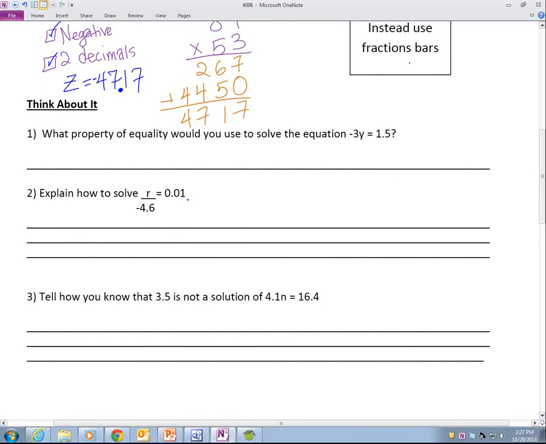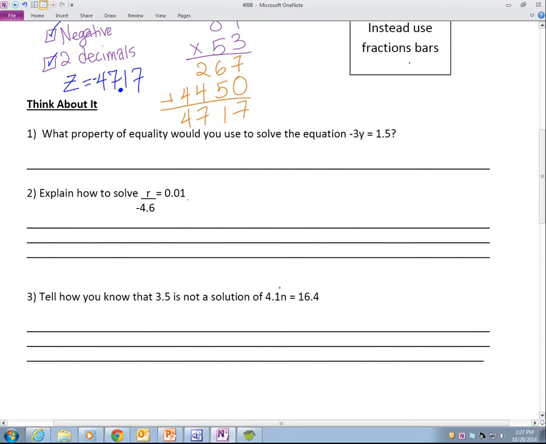Oh, I see what you did. You forgot to divide 4.1 by both sides. Keep in mind that this part right here is not 4.1 plus n.